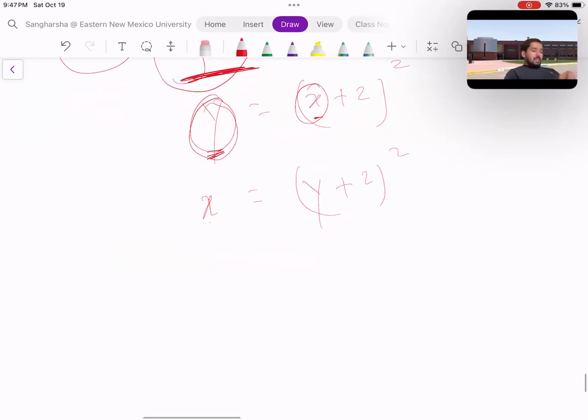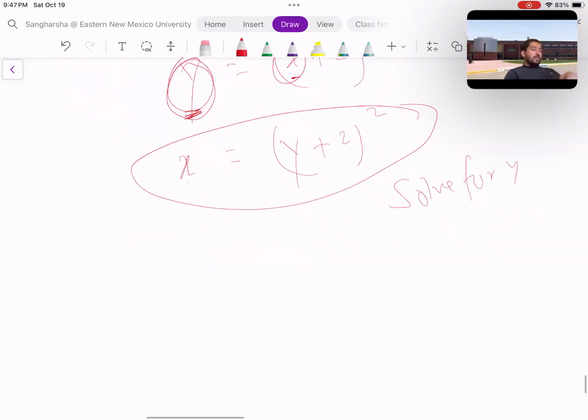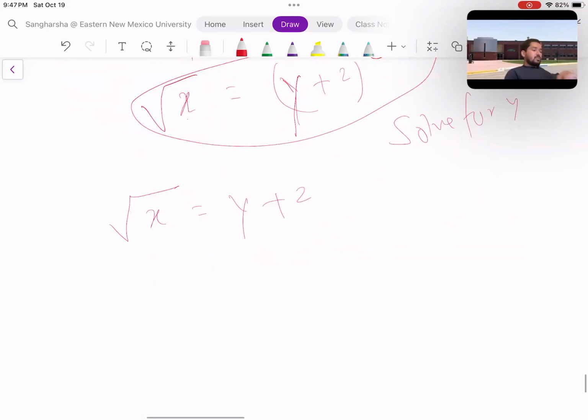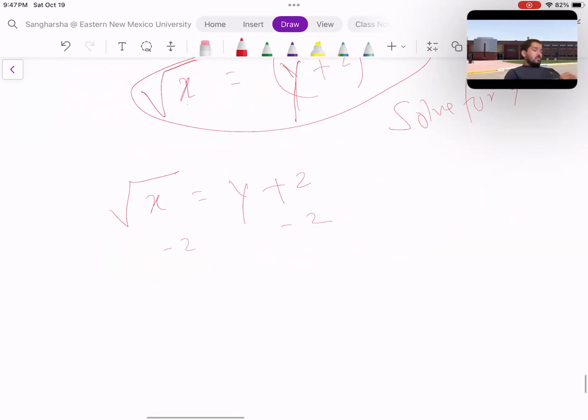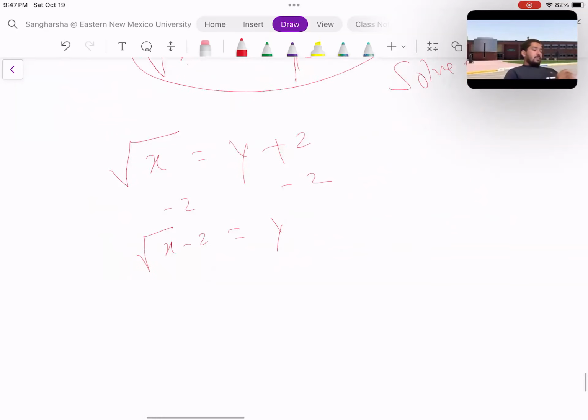The next, you are solving this equation for y. To solve this equation for y, you need to get rid of this square. Getting rid of the square means you get a square root on the left. So we have square root of x equals y plus 2. You subtract 2: square root of x minus 2 equals y.